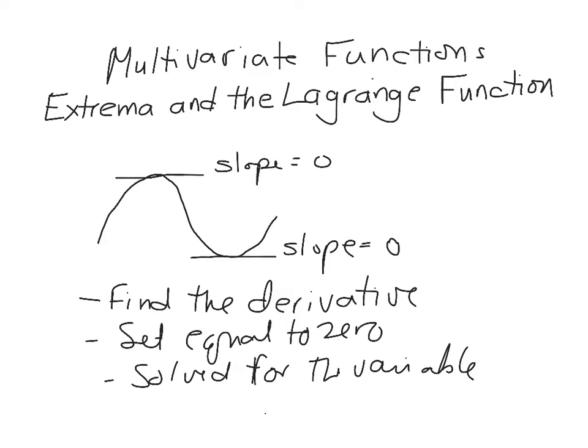Solving for the variable would determine the x value of where the maximum or minimum points occurred, and then we could substitute that variable into the original function to determine what the value was of the function at those points.